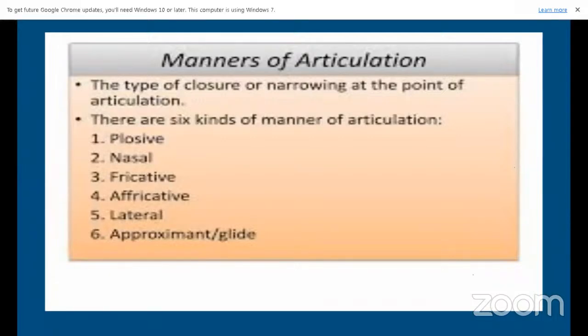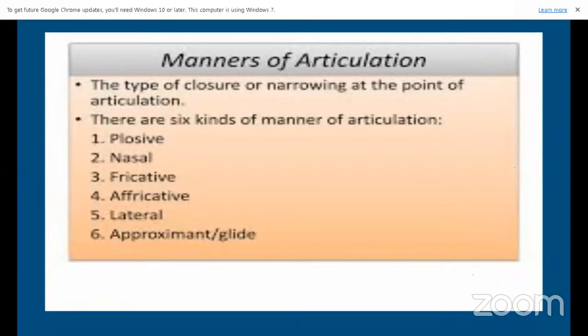How they are produced. Very good. How the sounds are produced, and what kind of mechanism is happening in the oral cavity when the sound is produced. That's the manner of articulation. Articulation means you speak out, isn't it? The manner of production of that sound. So according to that, the consonants are divided into plosive, nasal, fricative.